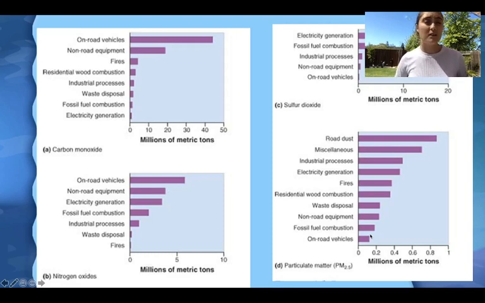Fires have carbon monoxide, which is why your smoke detectors oftentimes also have a carbon monoxide alarm. Things like that. We've got nitrogen oxides. Again, cars are one of the biggest ones that are contributing to nitrogen oxides. And for particulate matter, road dust, that was one of the ones I mentioned to you. Fires are on there. And then sulfur dioxide, mostly the combustion of other fossil fuels, right?